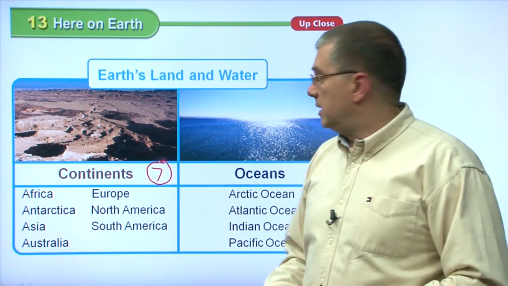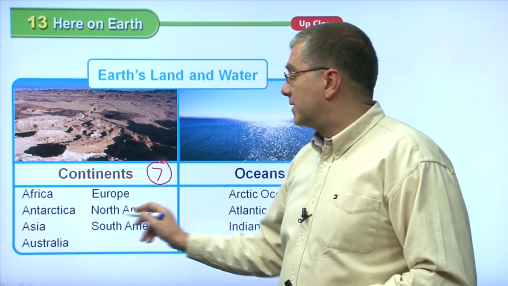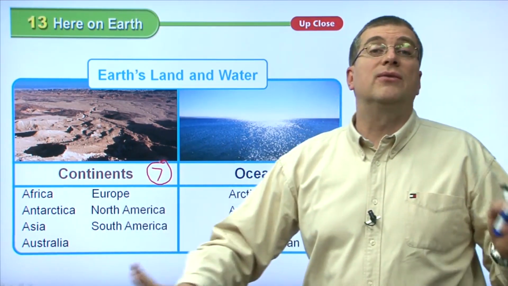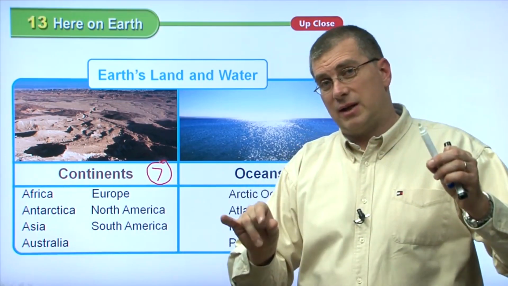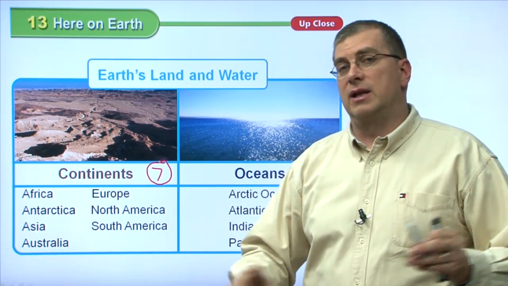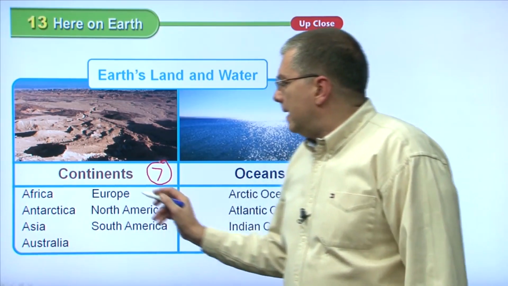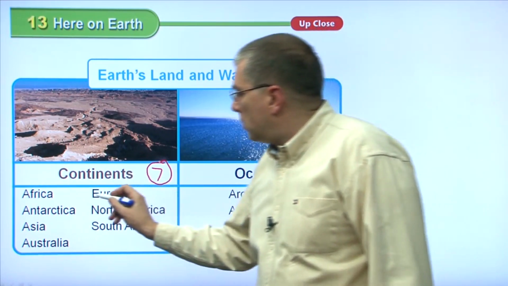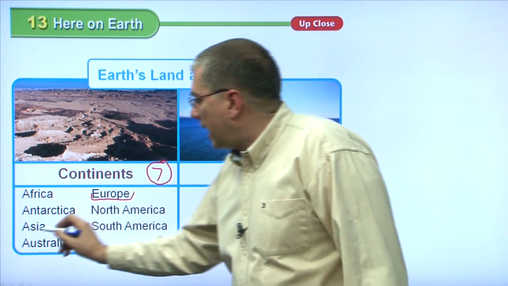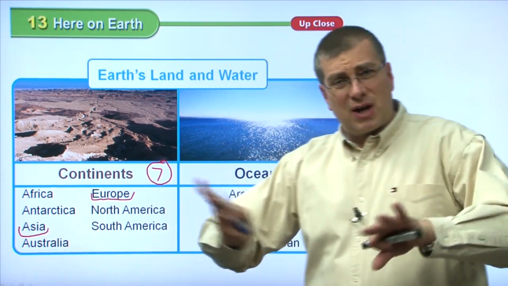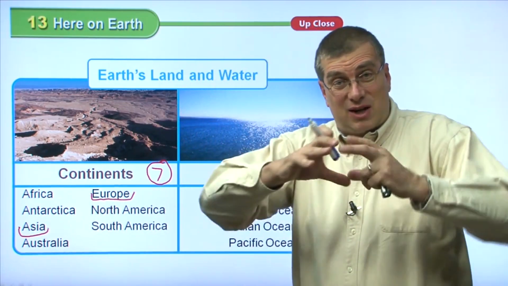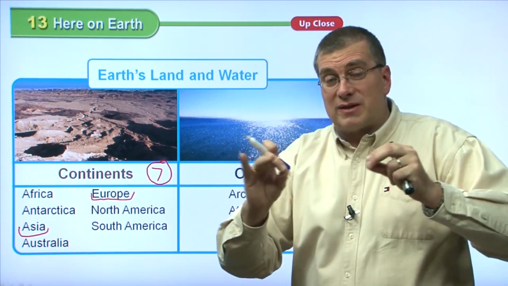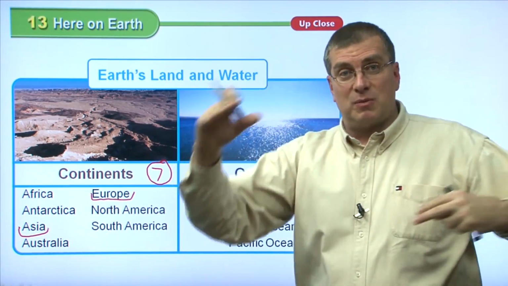Europe is a continent. North America and South America are 2 different continents. Sure, they're connected, but they are 2 different continents. Now, it's interesting, too, in some parts of the world, people will not consider Europe and Asia as different continents because they're connected, and they're connected not by a narrow piece of land, but by a very large piece of land.